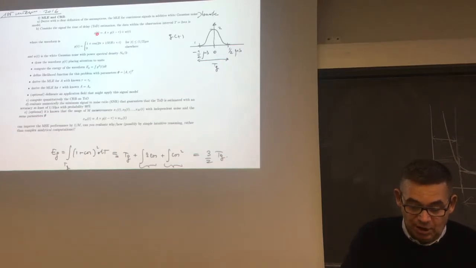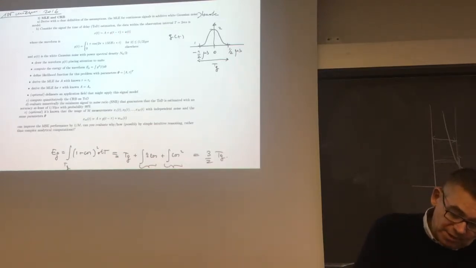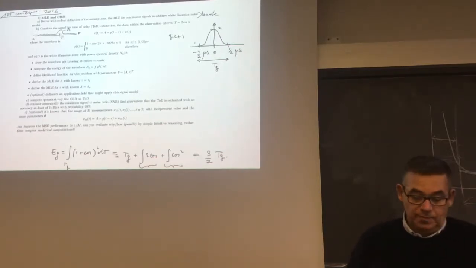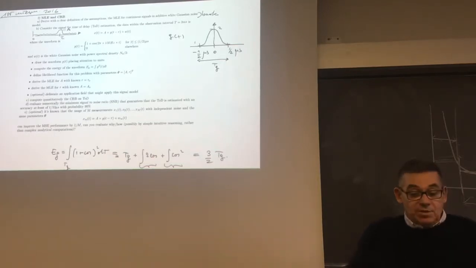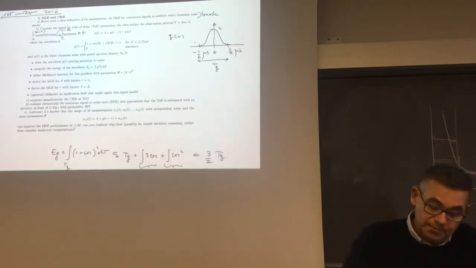I have this echo: A g(t minus tau) plus W. So what I'm measuring is the pulse, the raised cosine. This is the tau delay, and the amplitude is A. So this is the signal I measure, which is what I sketch in this x(t).